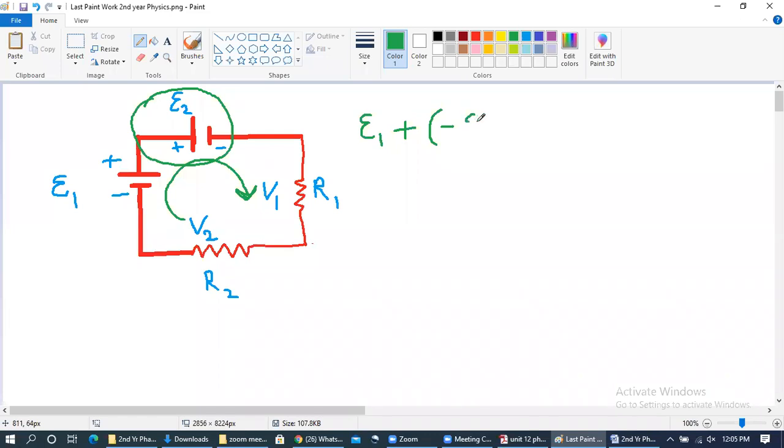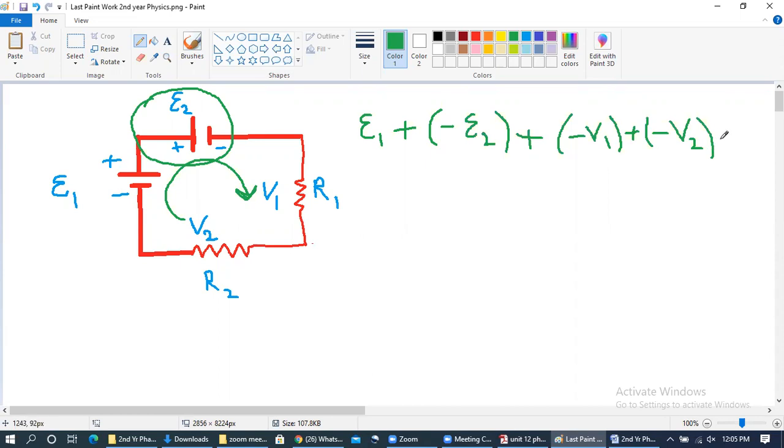So this battery 2 will be plus into minus. Minus means it is opposing, while all of the voltages of the resistances, meaning V1, V2, V3 and so on, will always be considered negative voltages. So plus into minus V1 and plus into minus V2.